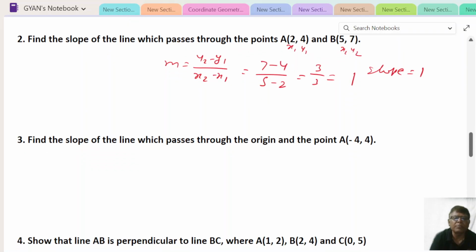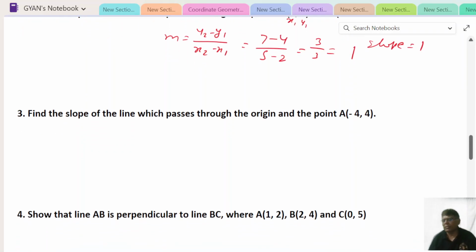Find the slope of the line which passes through the origin and the point (-4, 4). So this is the origin and this is -4 comma 4.